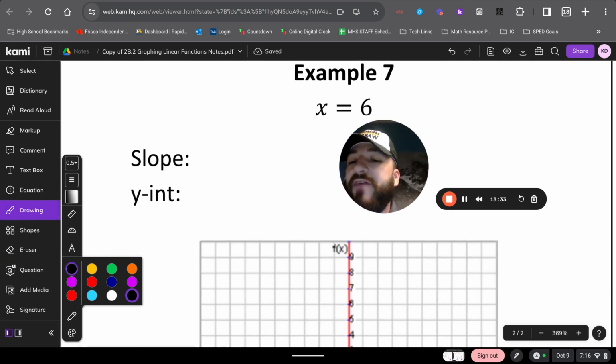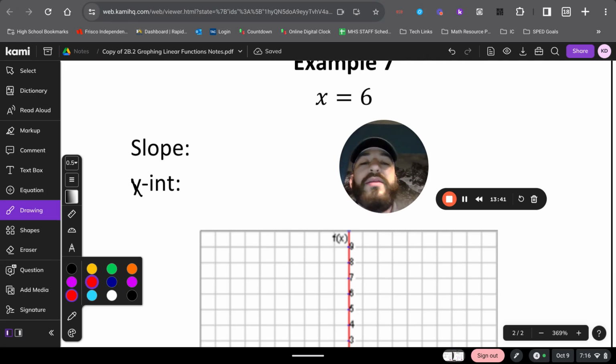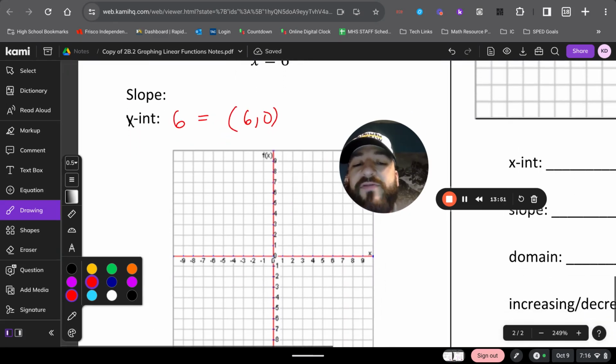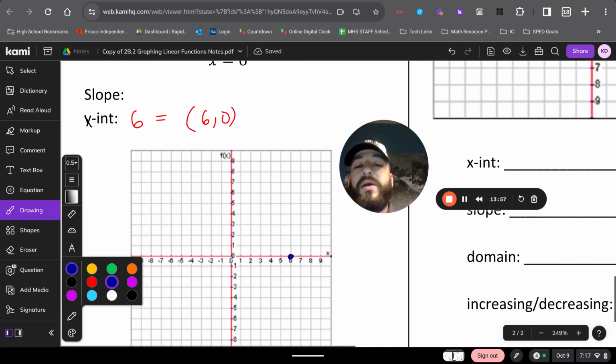What we are going to have in this case is what we call an x-intercept. And that x-intercept would, of course, be equal to this x value. So our x-intercept is 6, which would give us an x-intercept of (6, 0). So let's go ahead and graph that x-intercept of (6, 0). It's a little different, okay?